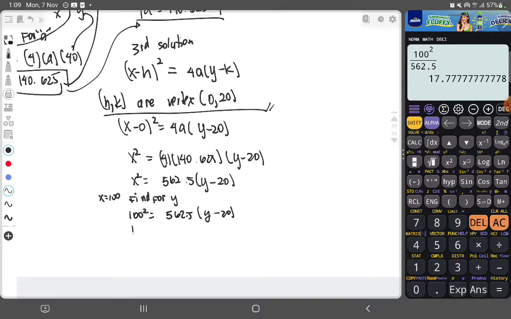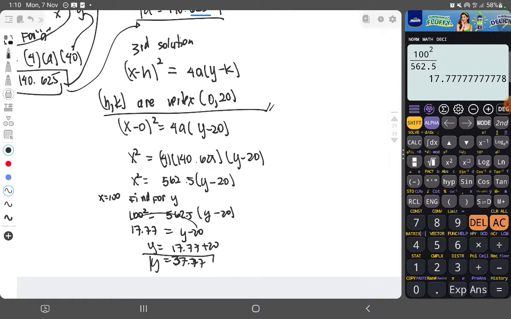So we'll have 17.77, which is equal to y minus 20. So y is equal to 17.77. So I will transpose this. This is also equal to 37.77. Okay, they are similar.